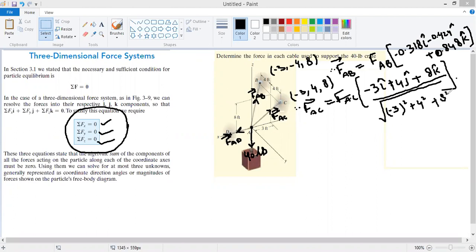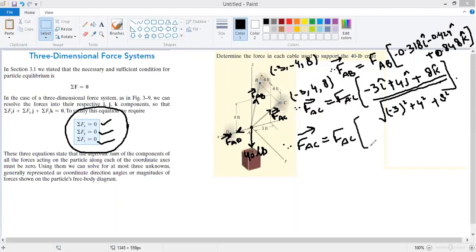Therefore FAC vector comes out equal to magnitude of FAC.